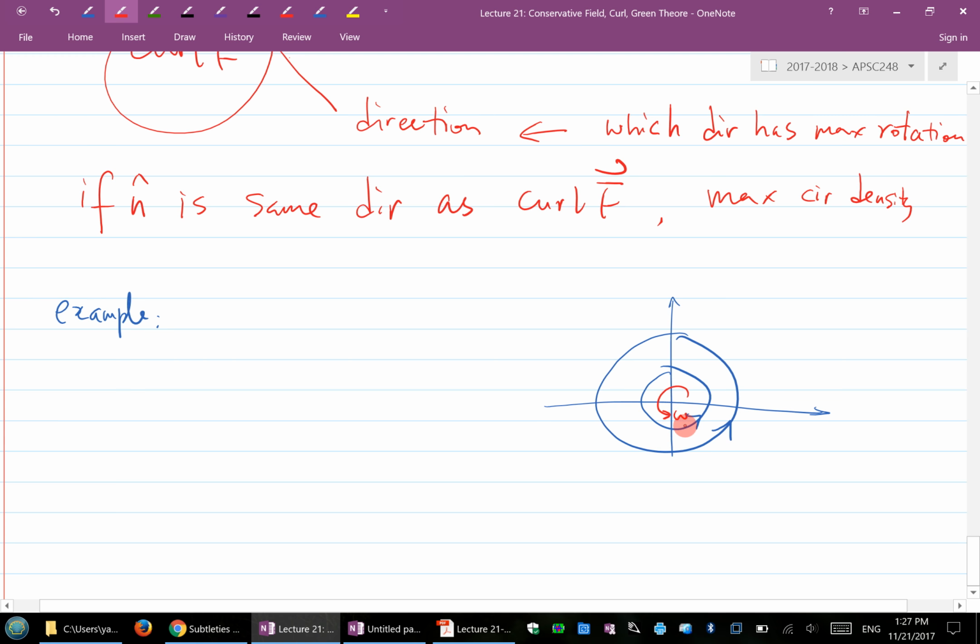All of it is flowing in the counterclockwise direction with angular speed omega. So omega is along the z-axis like this.